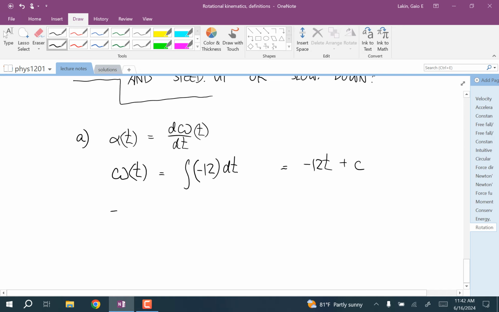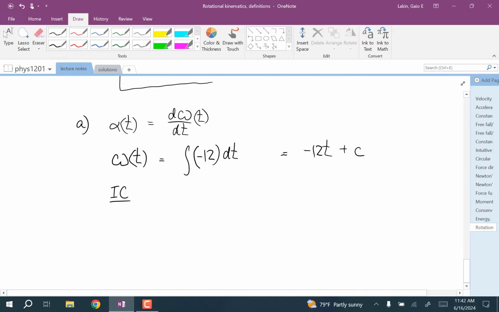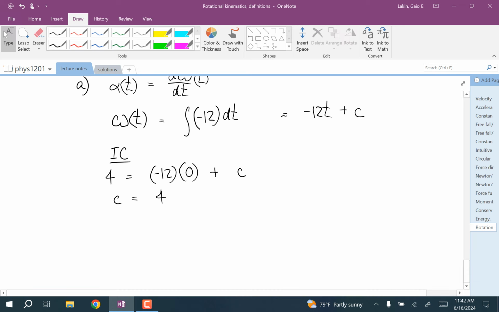And now we have to use the initial condition to figure out what that c is. We're given that at time 0, omega is equal to 4. So 4 is equal to negative 12 times 0 plus c. And so c is equal to 4. And so omega as a function of time is equal to negative 12t plus 4.